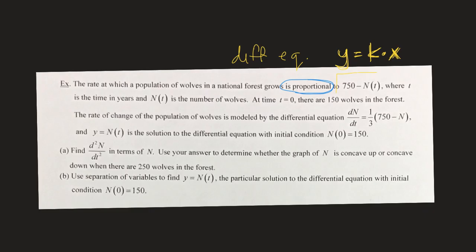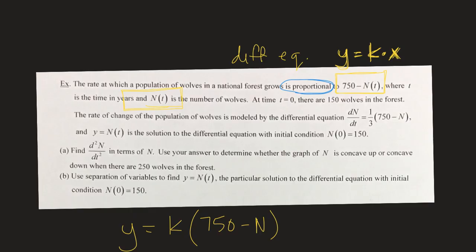So we have this function, 750 minus n of t, where n of t is the number of wolves that are in the park for any given year. So y equals k times 750 minus n.